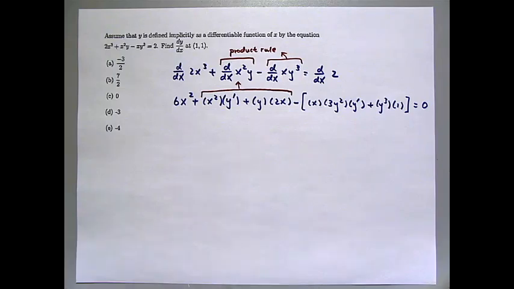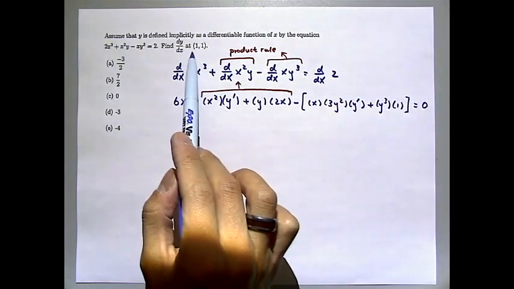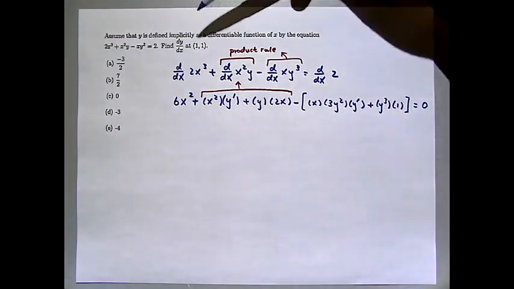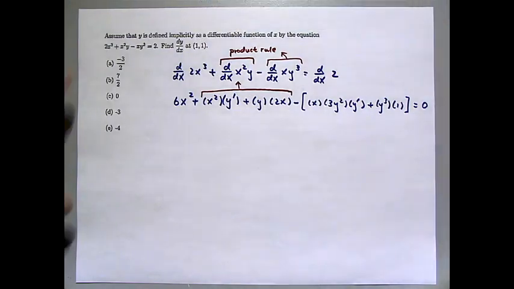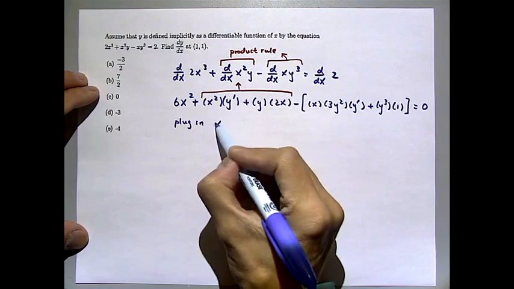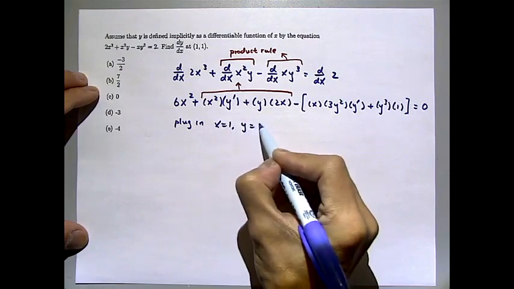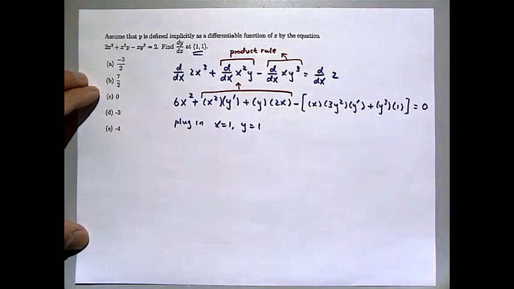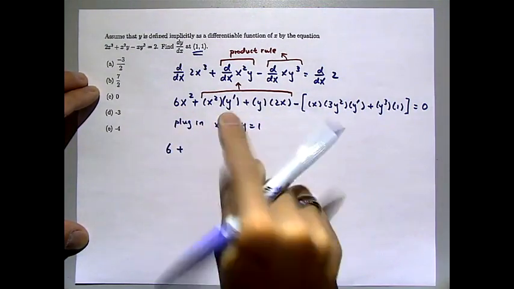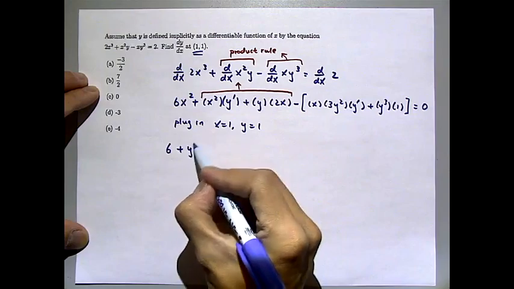Okay, again, normally we would simplify this a little bit to solve for y prime. But if you're going to be plugging in numbers anyway, there's no reason to really stick with the simplification. Just go ahead and plug in the numbers for x and y. Now we plug in x is equal to 1, y is equal to 1, right? From this thing right here. So this is a 6 plus, that's simply a y prime.